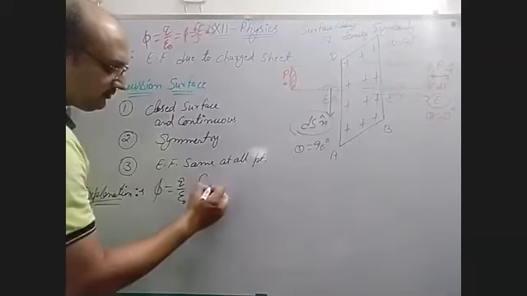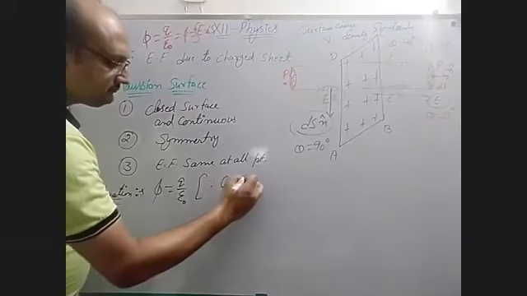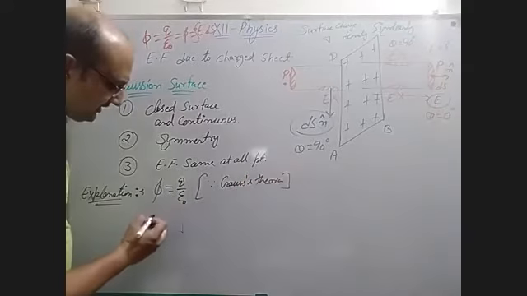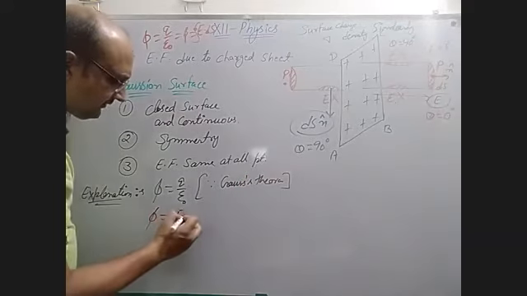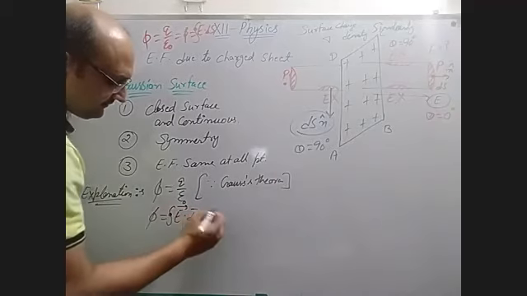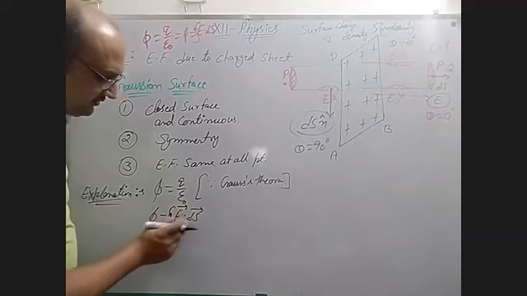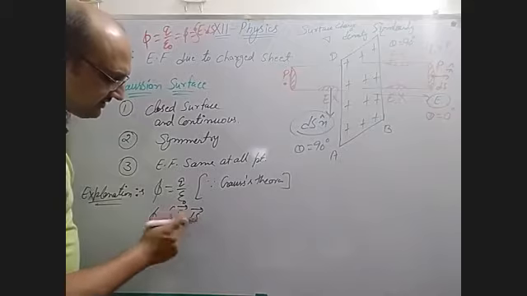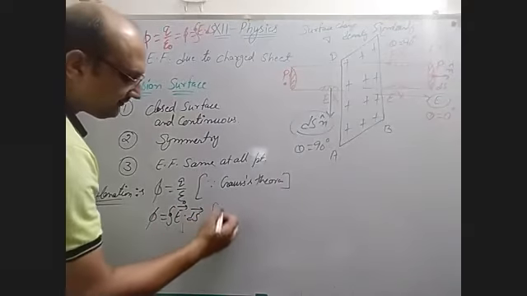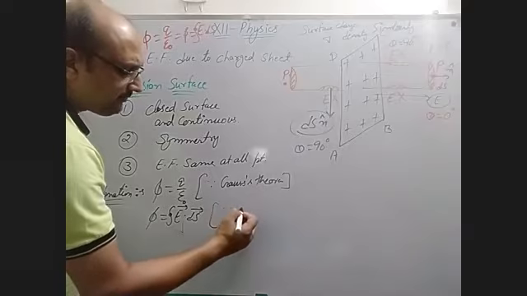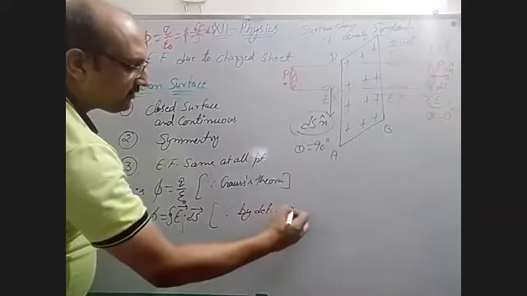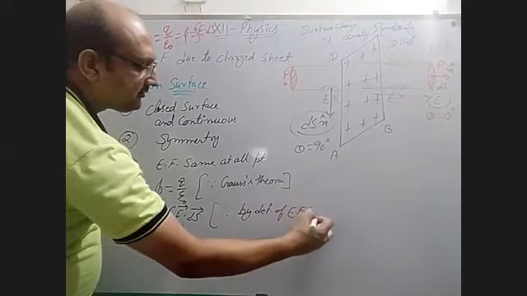The second equation is phi is equal to vector E dot vector ds integration, meaning the surface integral of the electric field. This is by the definition of electric flux.